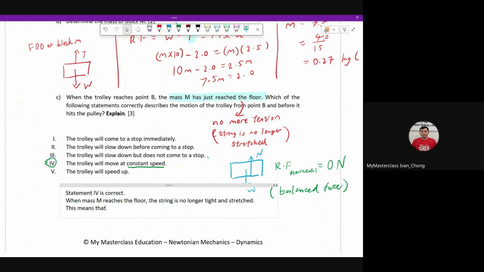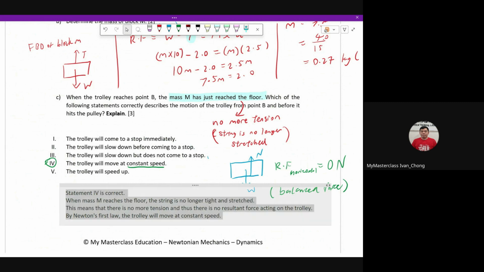This means that there is no more tension and thus no resultant force acting on the trolley. So by Newton's first law, now some schools don't need you to mention this, but just to be safe, by Newton's first law, the trolley will move at constant speed.